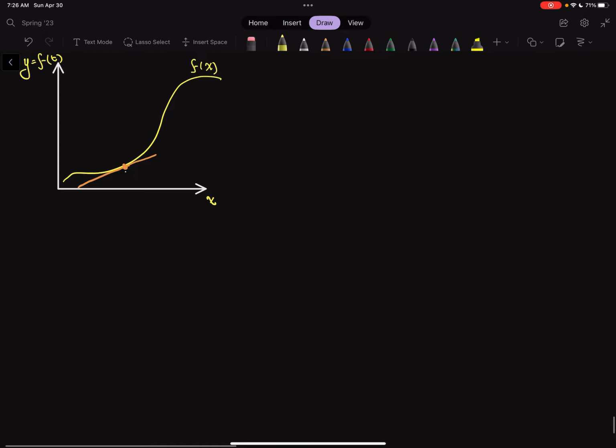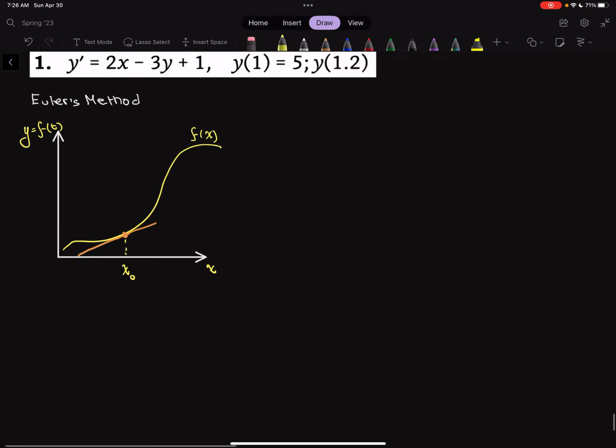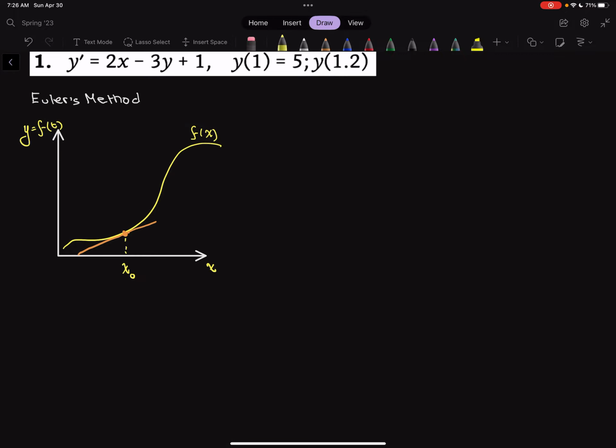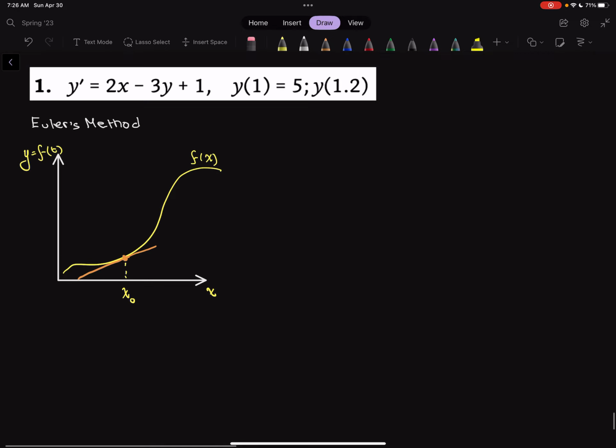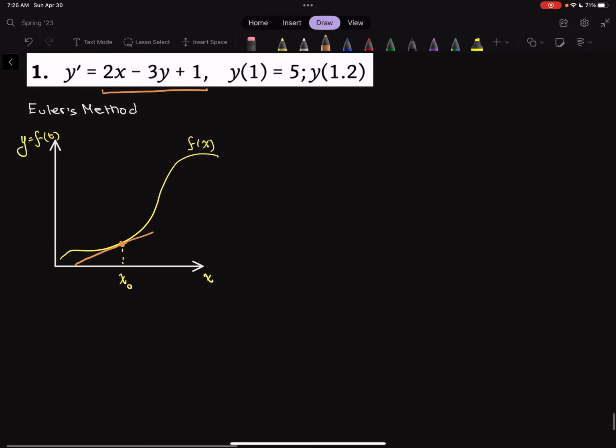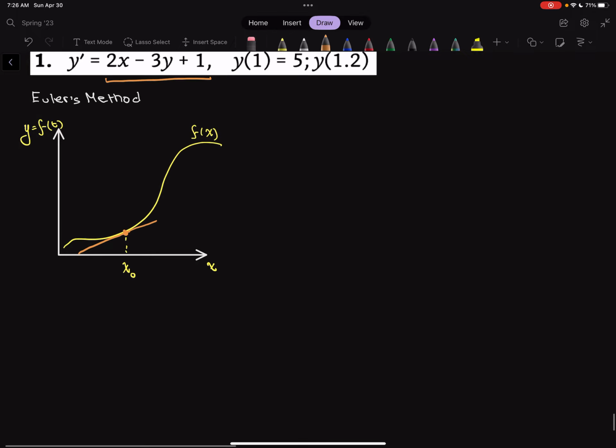Well, it happens at the point x naught. So really, you just want to take this and evaluate it at x naught, because that is the expression for the slope.